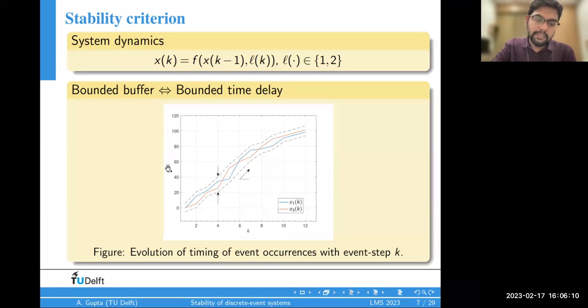And you can imagine that this state x, because it represents time, will keep on growing with the evolution of the system dynamics. So that is one of the ways.